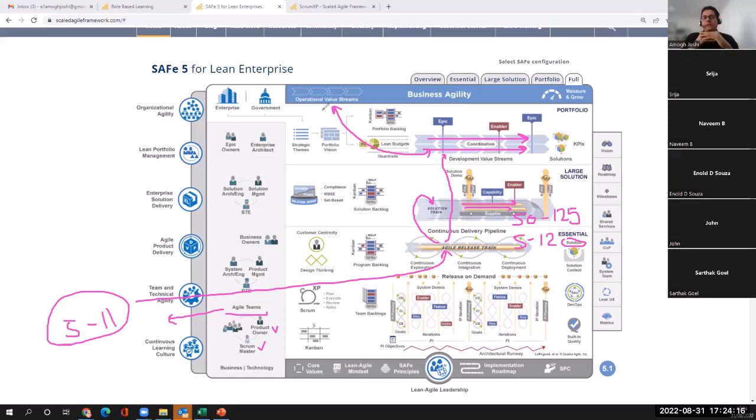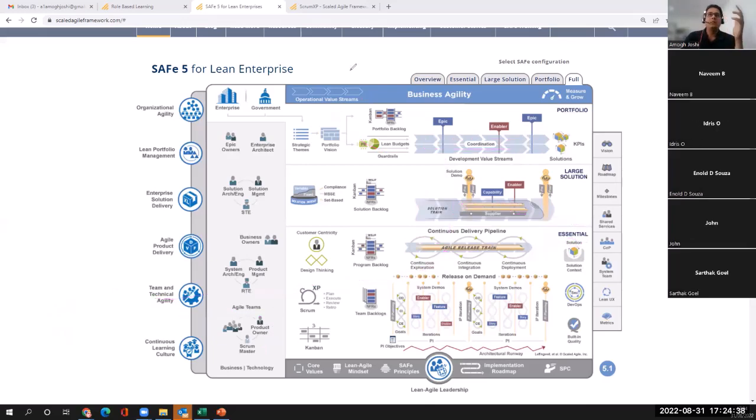Now, I'm not going into detail in this webinar explaining what a development value stream or an operation value stream is. It might be very easy if you just click on these icons and you will know the detail. I'm just explaining how the flow is happening. Let me share an example, so that at least you will understand what an operational value stream is, what a development value stream is, and how people are flowing.